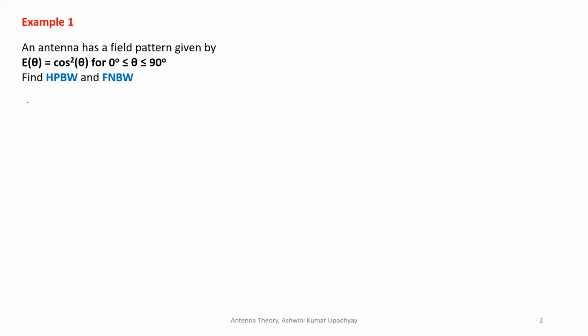So if you have E theta is equal to cos square theta, it means that the maximum of this expression cos square theta is going to be 1, obviously, because cos theta has the maximum value of 1 or plus minus 1. So if you square it, it is going to be 1. So the maximum value of E theta is going to be 1.